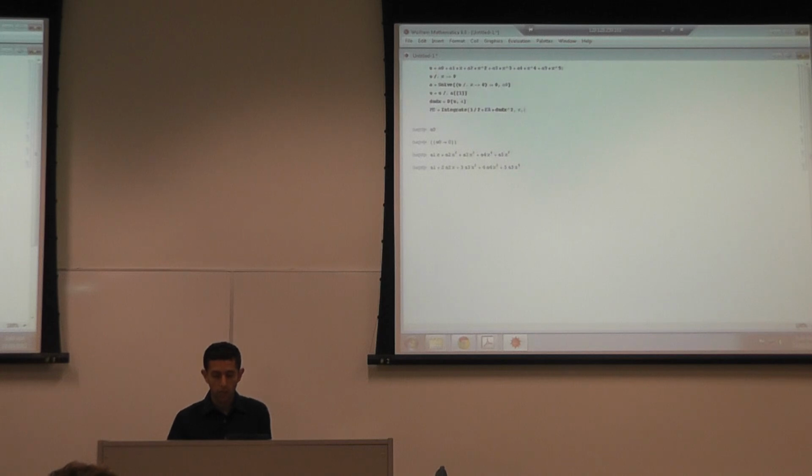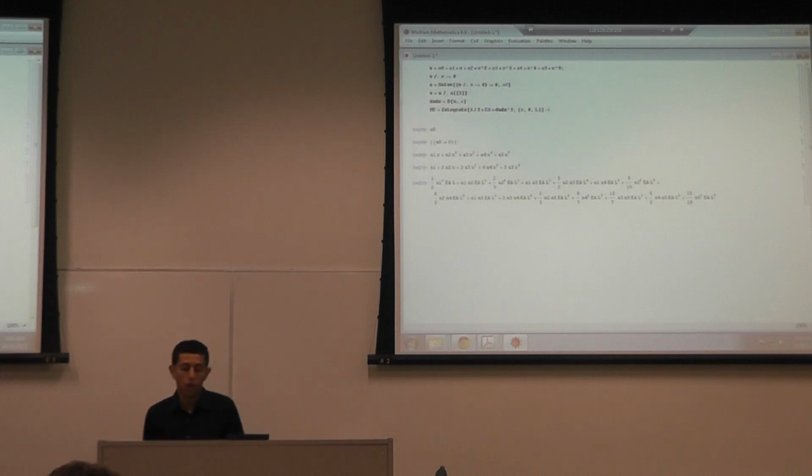Integrate x from 0 to L. I'm just going to make sure I haven't done anything wrong. I'm just going to run it. So see, it's a huge equation if you want to do this by hand. It's okay to do it for 1 or 2 constants, but by hand for 5 constants, it's huge.